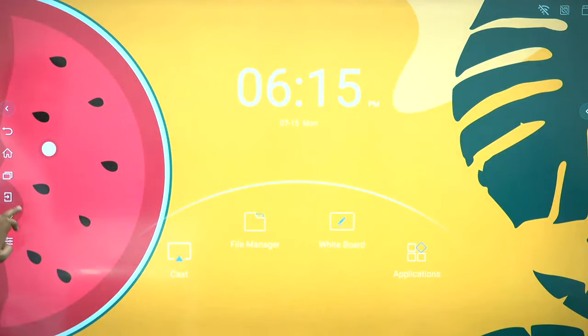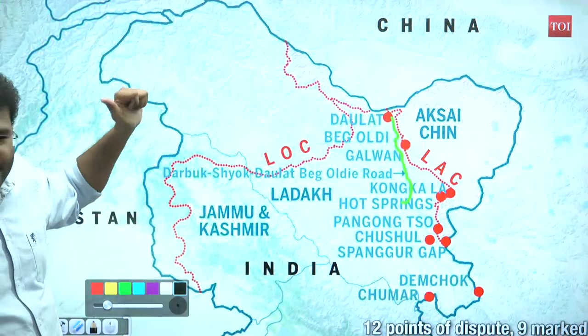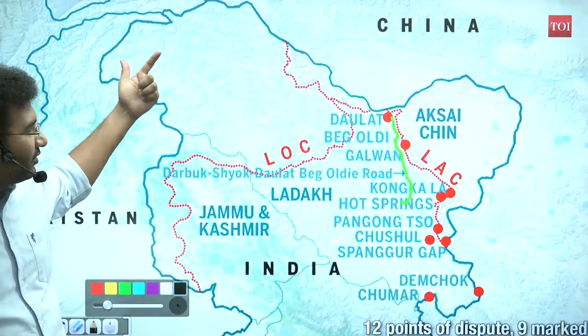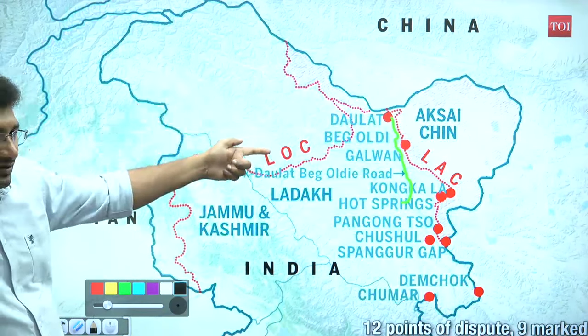Now, the disputed places that you need to know. Daulat Beg Oldi, it's an airport, the highest airport. Galwan region, a conflict area.